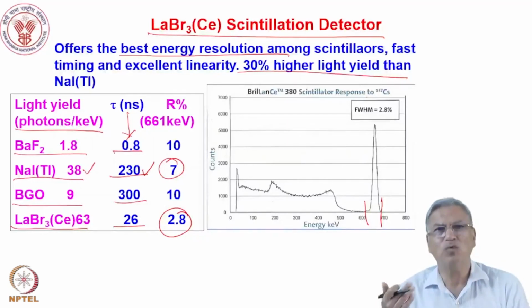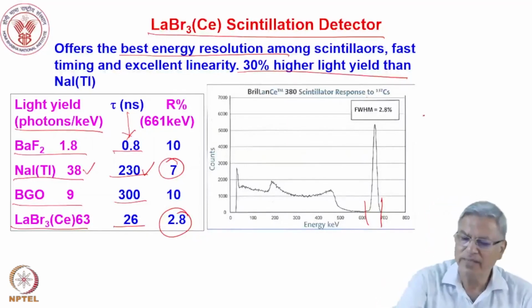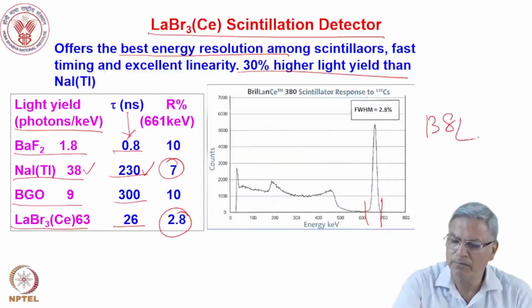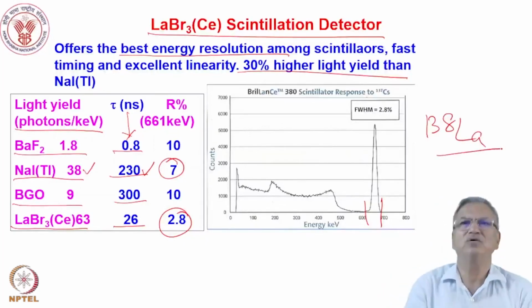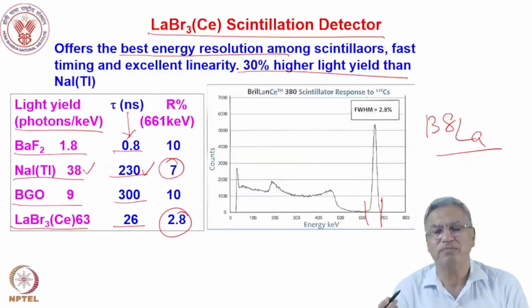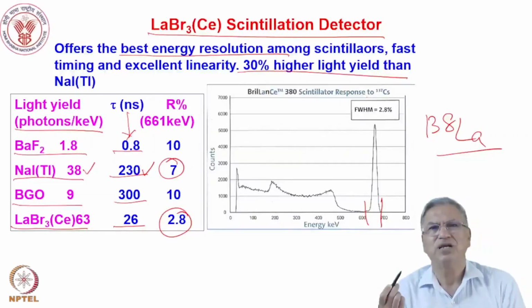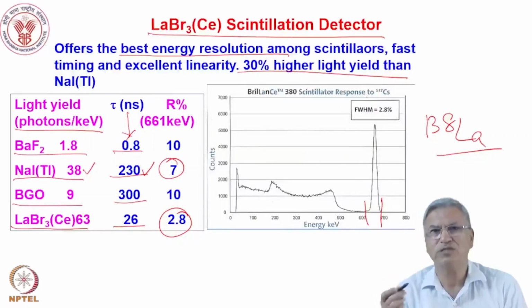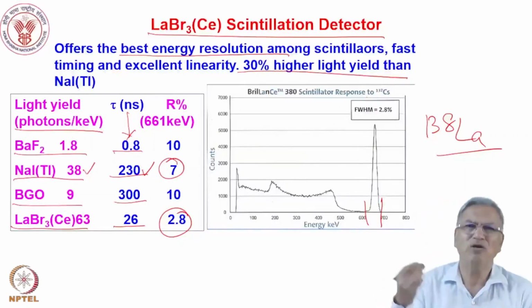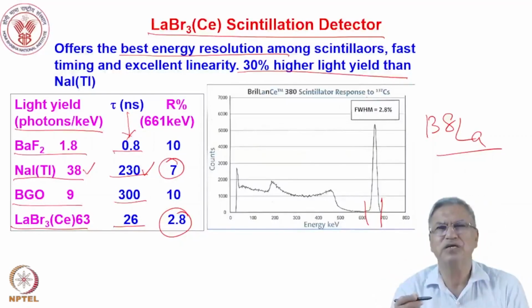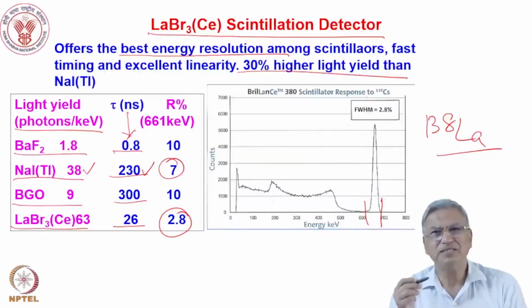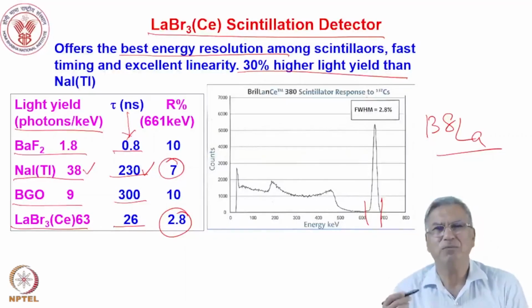And only one drawback is there: 138 lanthanum, which is a long-lived isotope of lanthanum. Lanthanum 139 is the naturally occurring stable isotope, but because of the presence of 138 lanthanum, which has a very long half-life and is available in natural lanthanum, and which emits a high energy gamma ray, if you have a lanthanum bromide detector, you will have a background peak in the gamma spectrum.